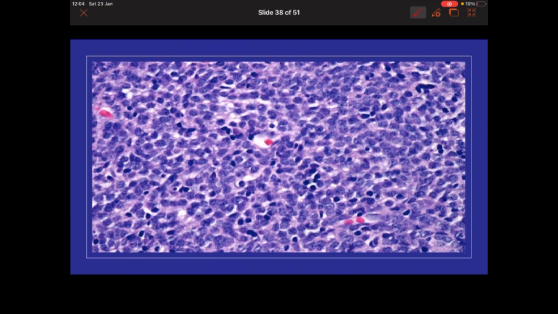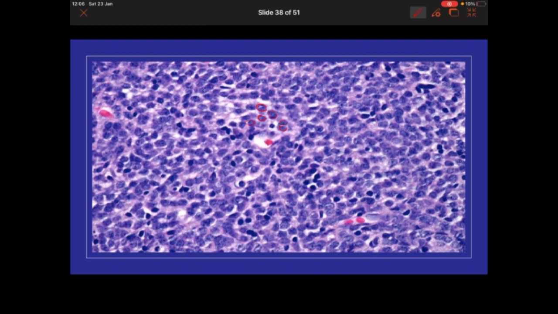It has a very primitive appearance, small round blue cells with very large nuclei, small and uniform. But there is also a variant, anaplastic medulloblastoma. Let me share the classical features of medulloblastoma.